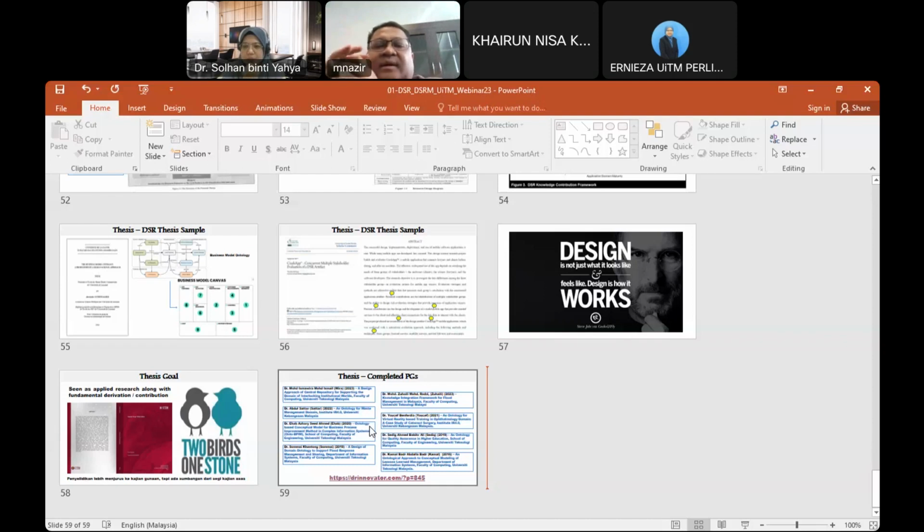Ada student saya daripada fakulti pendidikan yang adopt design science research sebab dia buat instructional design dalam teaching tu. Tapi again lah, dia buat ontology, jadi dia buat ontological design untuk standardizekan curriculum design mereka. Okay, education dia. Alright.